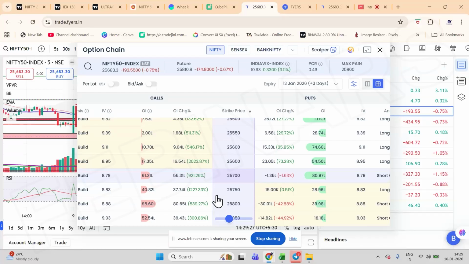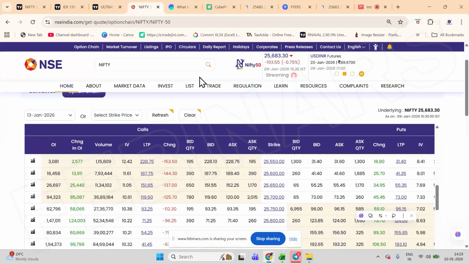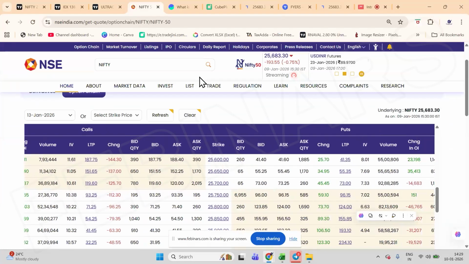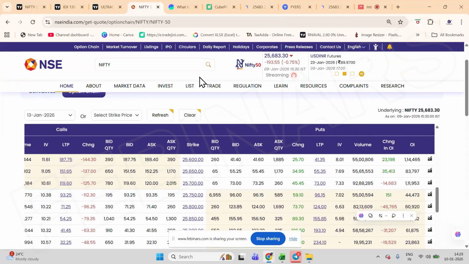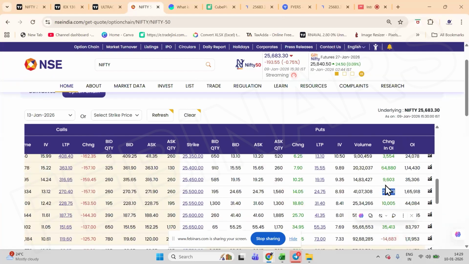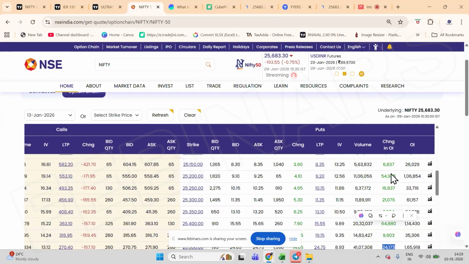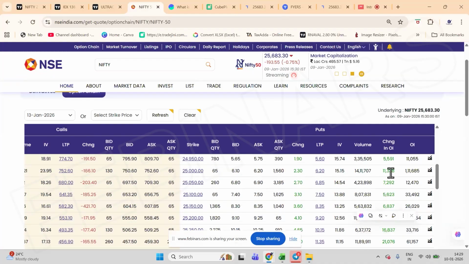So on the downside, it is open continuously. Short build up is seen even on the... See, there is a continuous short covering, but some more open interest is built at 25,400 in the change in open interest, 25,400 and then 25,200.